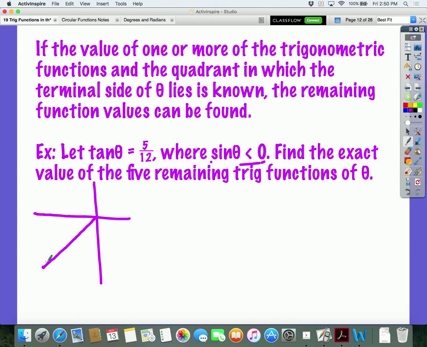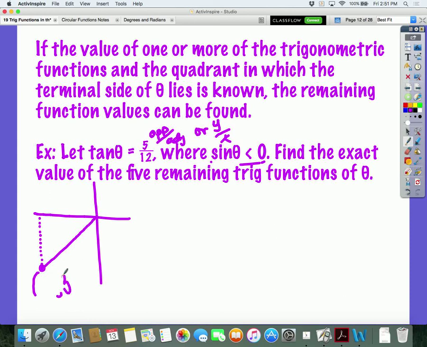Okay. Now tangent. What do you know of tangent? Old school right triangles. Tangent is what over what? Opposite over adjacent. And bringing it into what we were talking about today, tangent is also represented how? Y over x. Okay, so whether it is opposite over adjacent or y over x, we know that 5 is going to be which value?